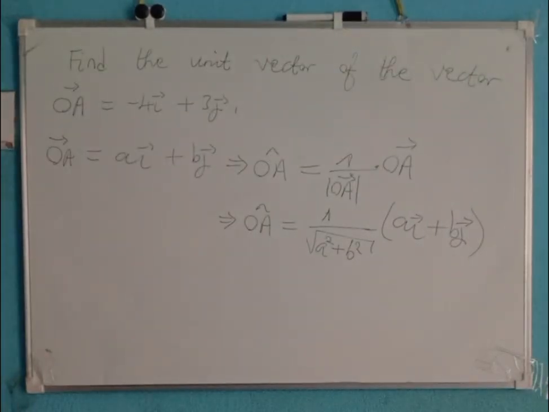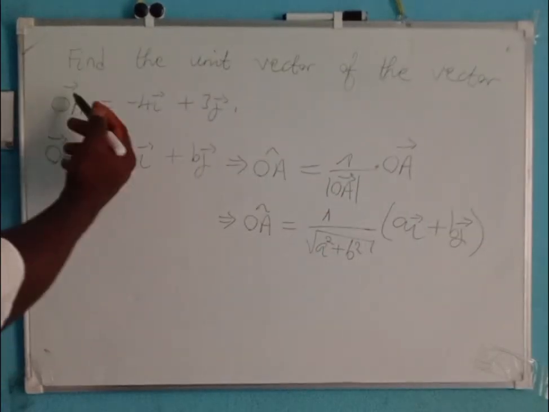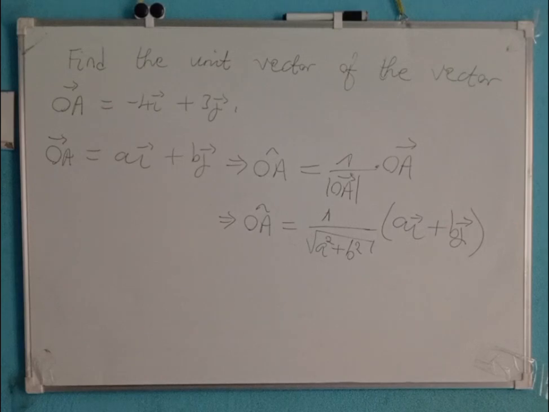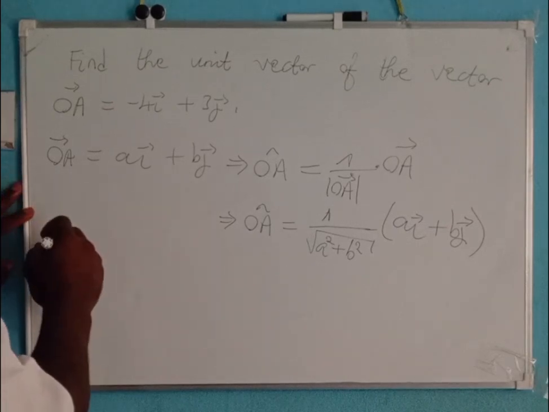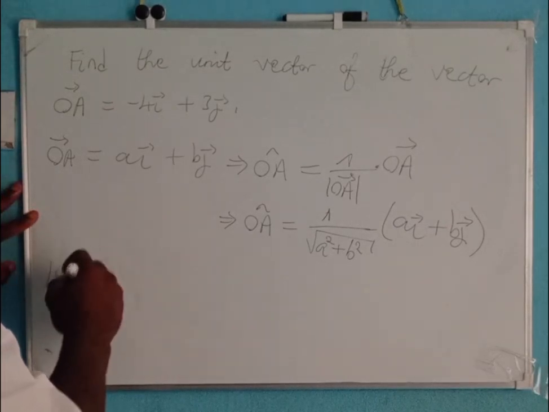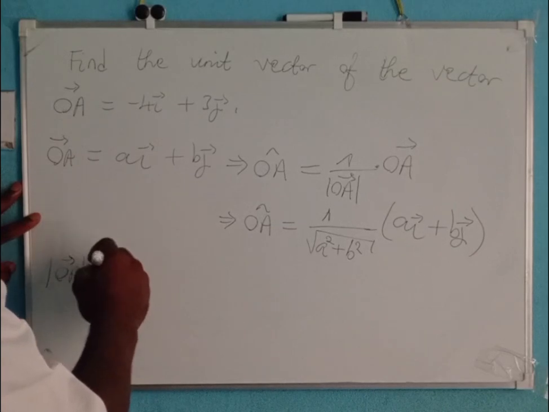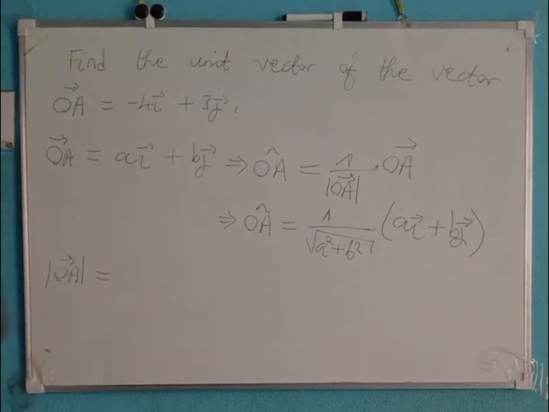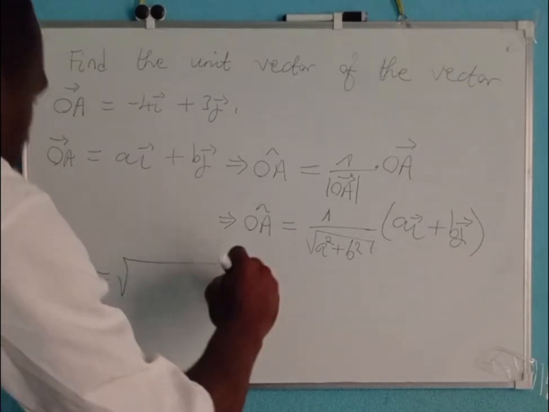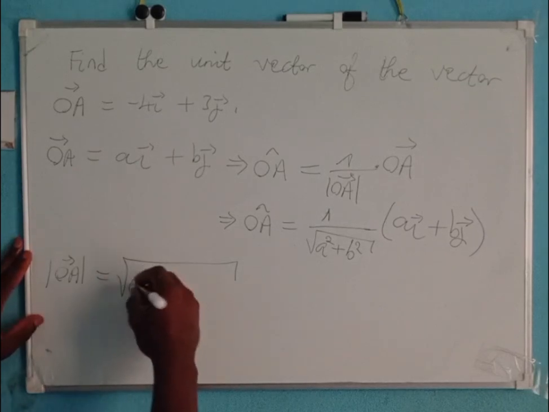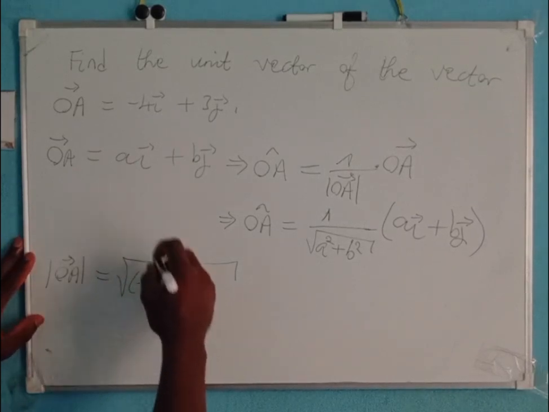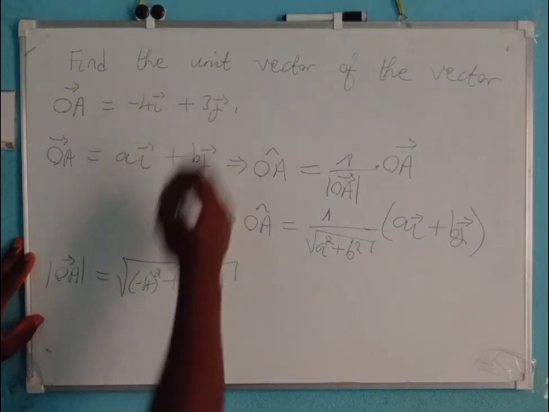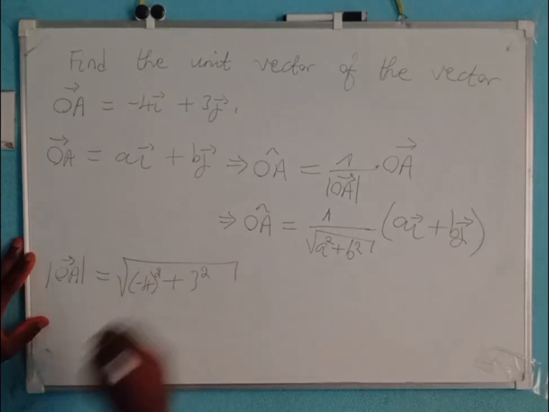We are going to make use of this formula to find the unit vector of the vector OA. First, we need the magnitude of the vector OA. The magnitude of the vector OA is given by the square root of negative 4 squared plus 3 squared.